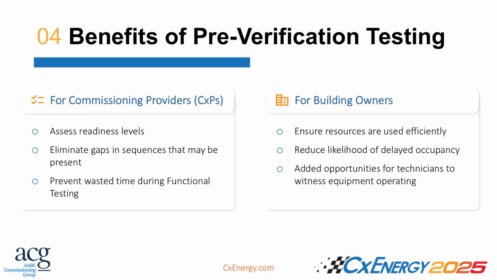My job is not to find issues. My job is to validate that the quality control process, which is owned by the GC and trades, is successful. If I fail a functional test, it means that the quality control process failed. So pre-verification testing becomes a part of the quality control process, right?